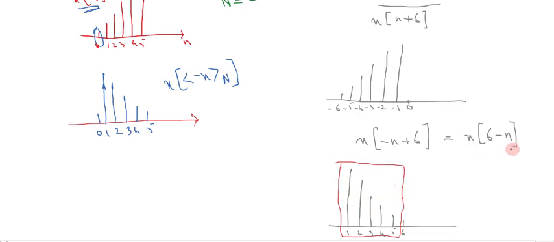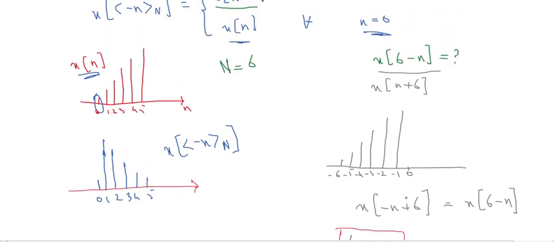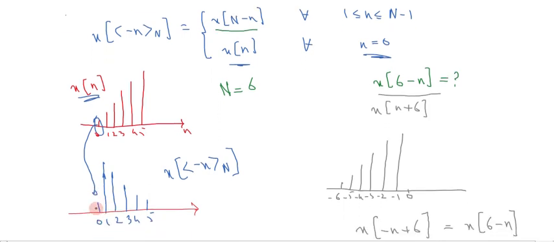This signal is x of 6 minus n, and you have to pick its samples from 1 to 5, which I have drawn here. 1, 2, 3, 4, 5. And at 0 you have original signal of x of n, which is here. I shifted this signal here at 0. So this is simple.